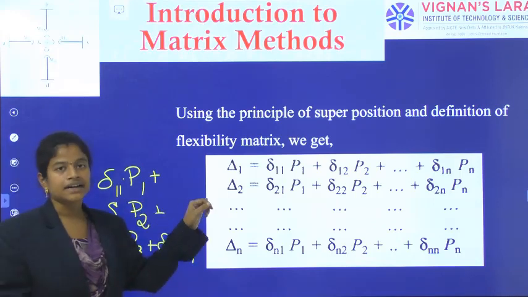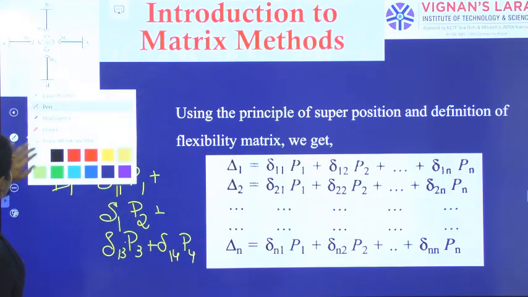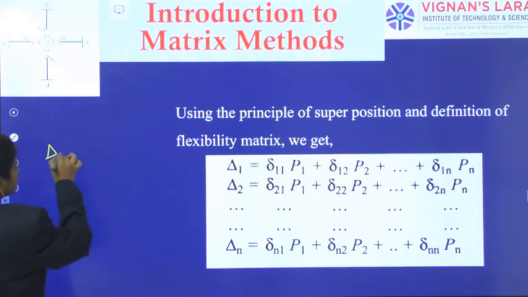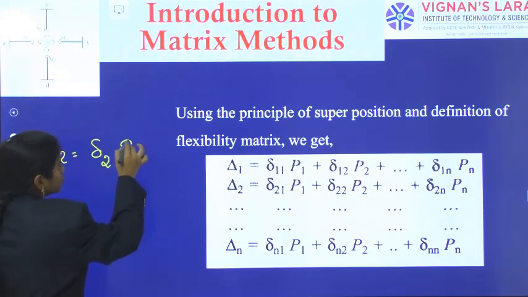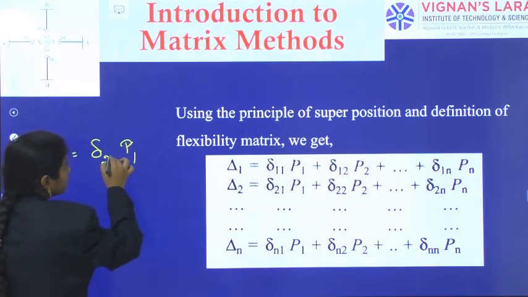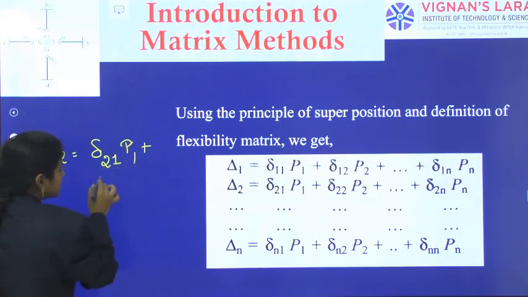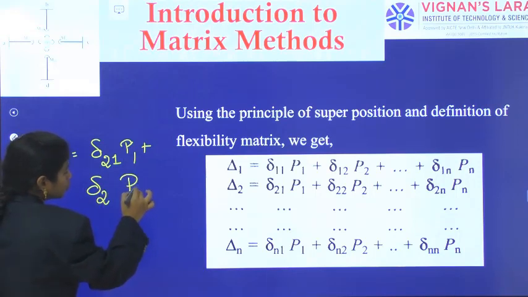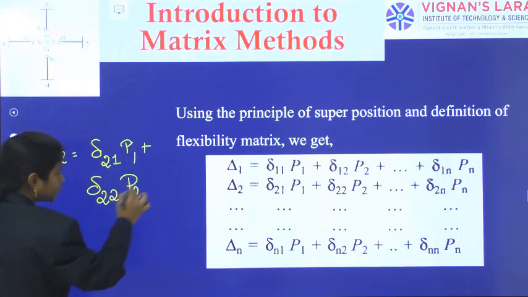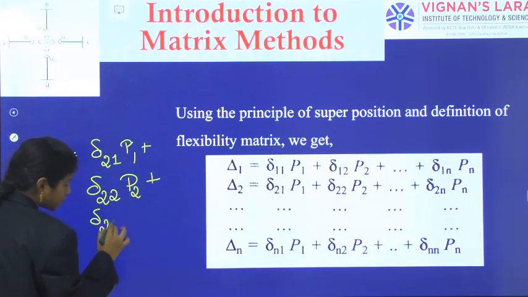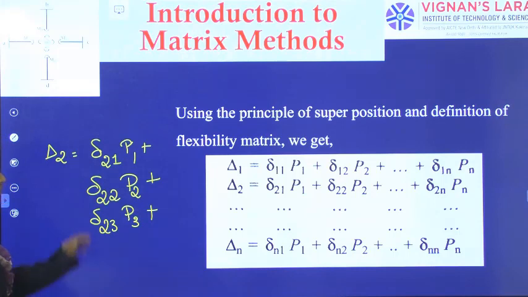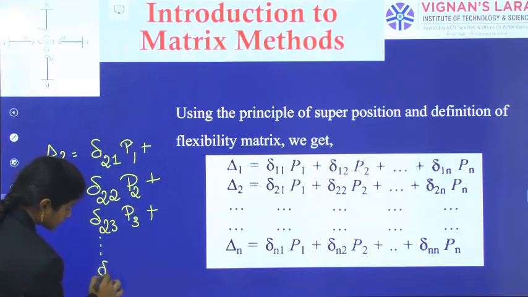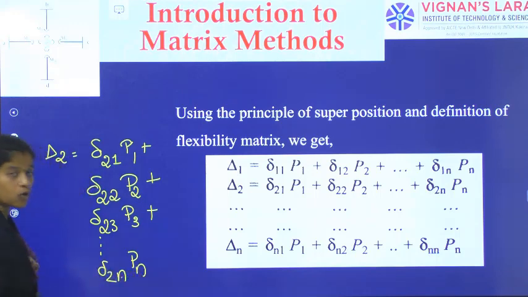And similarly, delta 2, what is it indicating? Delta 2 is equal to displacement at 2 due to a force of P1 applied at 1, plus displacement at 2 due to a force of P2 applied at 2, plus displacement at 2 due to a force of P3 applied at 3. In this way, displacement at 2 due to a force of Pn applied at coordinate n.